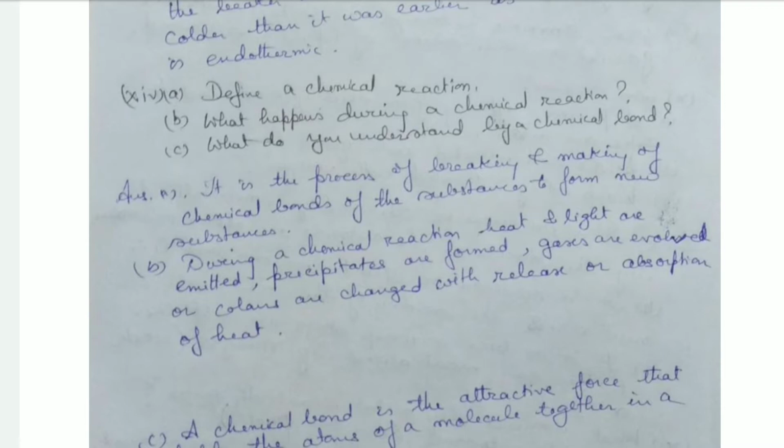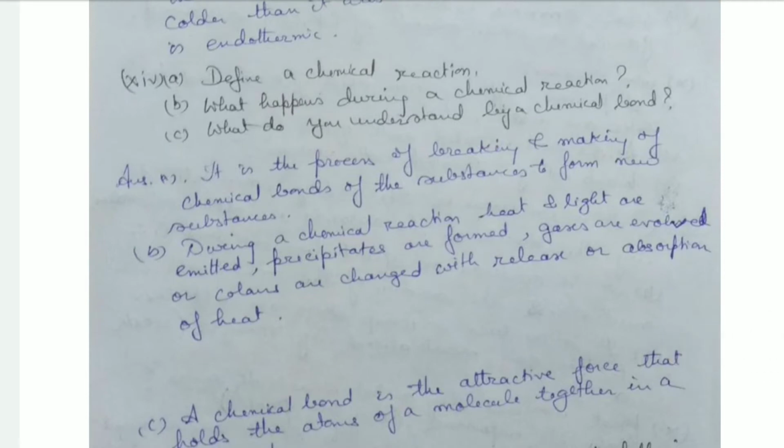That is, potassium will react very fast, then sodium, then calcium, then magnesium, then iron. So like that the iron will react much slower than the potassium or sodium. So like that we can compare their reactivity according to their position in the series.